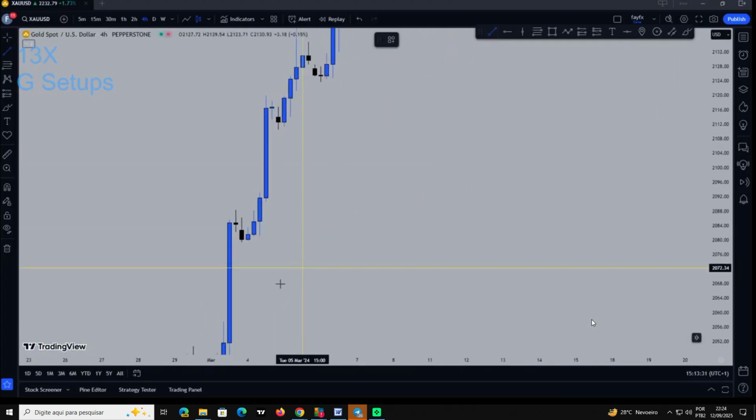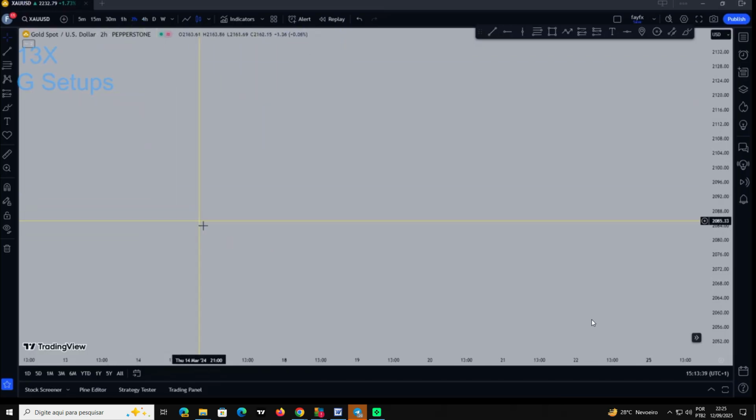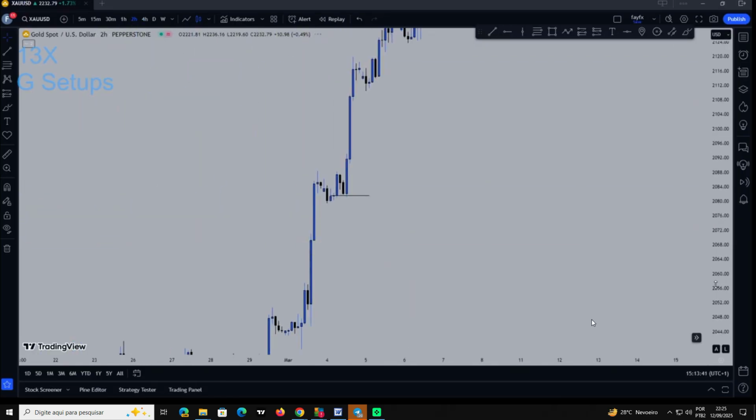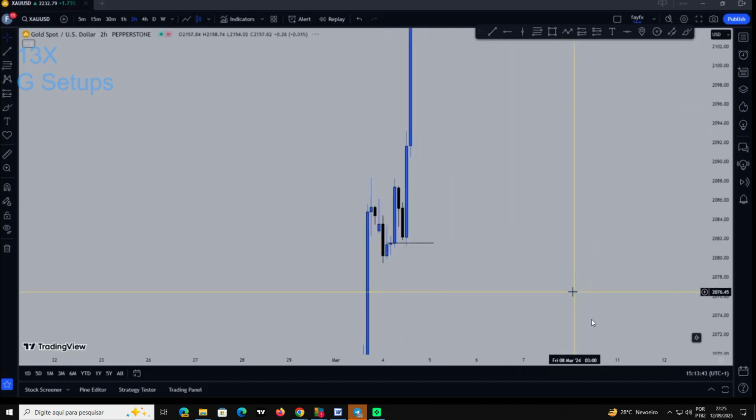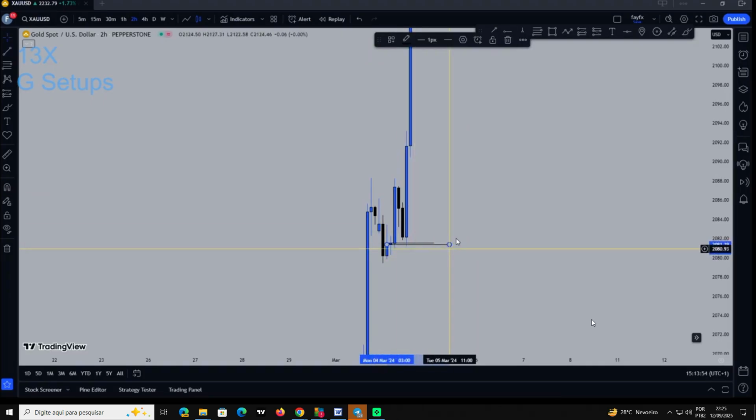Look here. Yes. We have an H4 gap. When we go one time frame lower, we find another gap, but just below this gap, we have a gap CC. This is amazing.